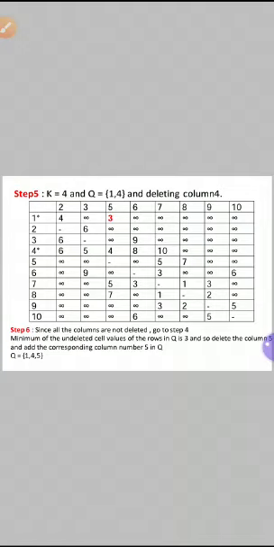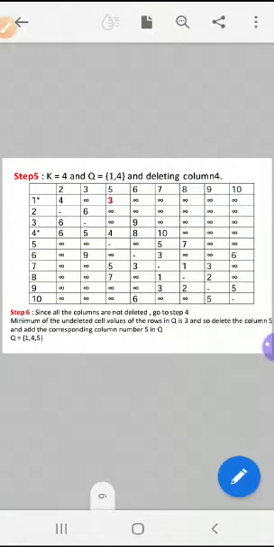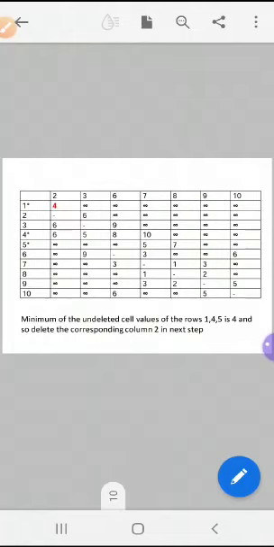So add that 5 to the set Q in addition to 1 and 4. So for the next step, Q is 1, 4, 5. Then delete the column 5 and mark row 5 using a star. So here column 5 is deleted and row 5 is marked with a star.